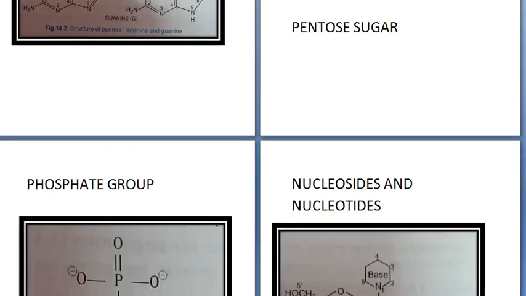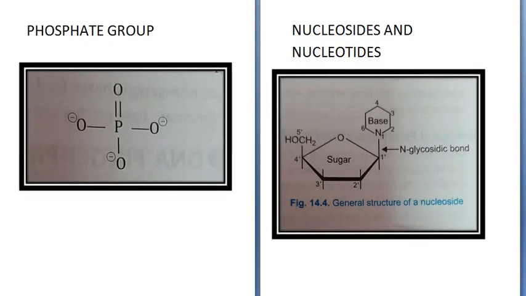So this phosphate group is responsible for linkage of nucleic acid polymers, and it is bonded to the hydroxyl group of sugars. So PO4, this is the phosphate group. Now there are two terms here, nucleoside and nucleotide.